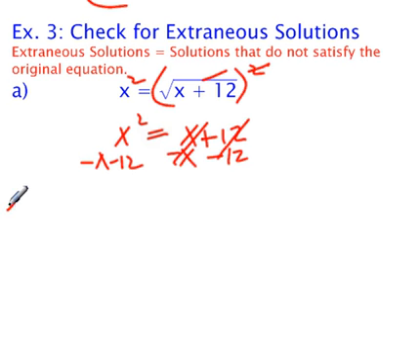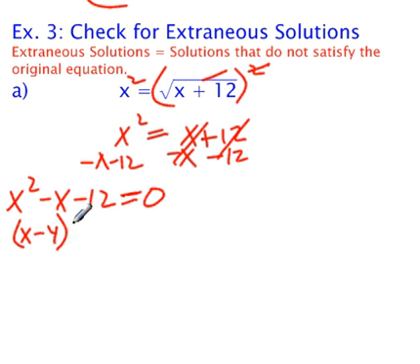All right, so we have the quadratic of x squared minus x minus 12 equals 0. Okay, so we can factor that to be able to get x minus 4 times x plus 3 equals 0.